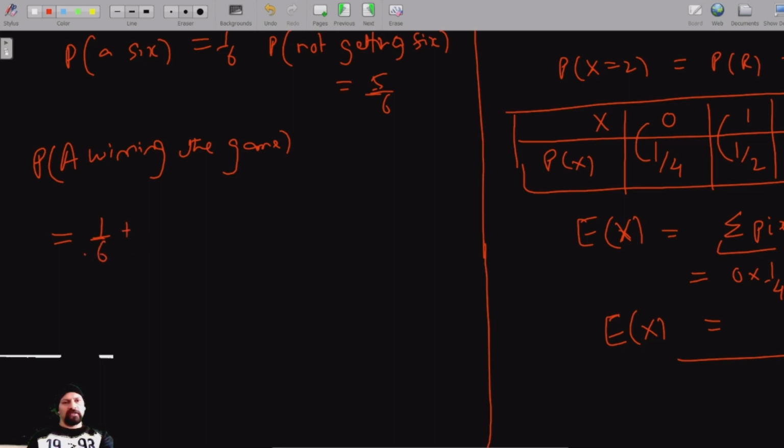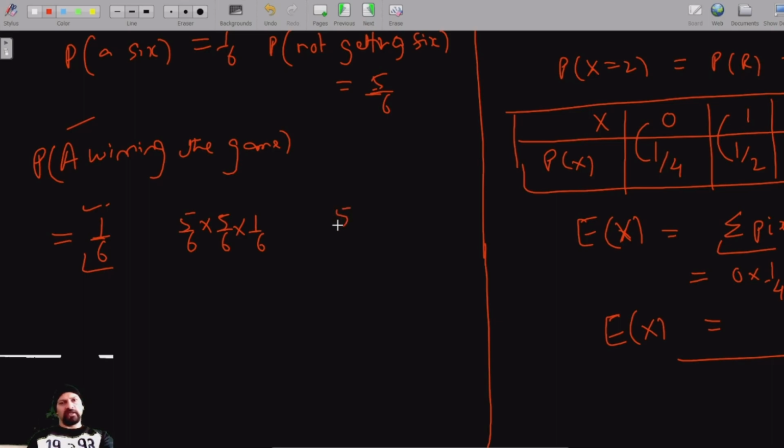Now, if A doesn't get a 6 on the first throw, that's 5 by 6. Now B throws the die, and he's also not going to get a 6, so this is 5 by 6. And now comes the turn of A and he wins, so this is 1 by 6.